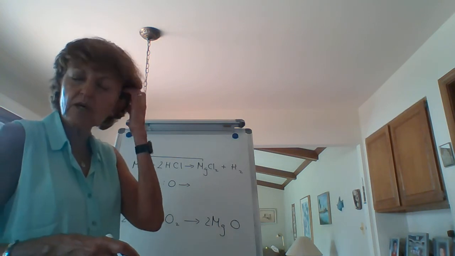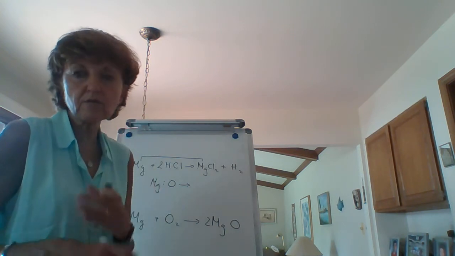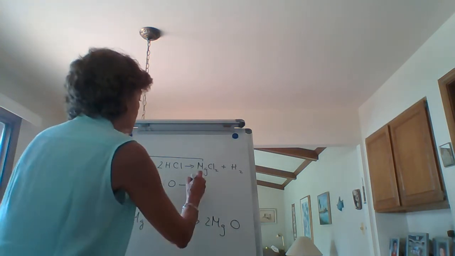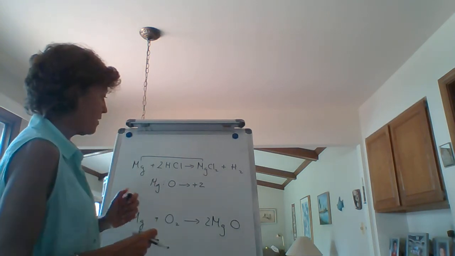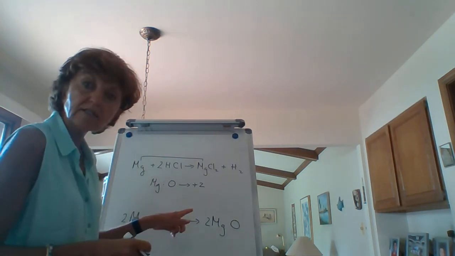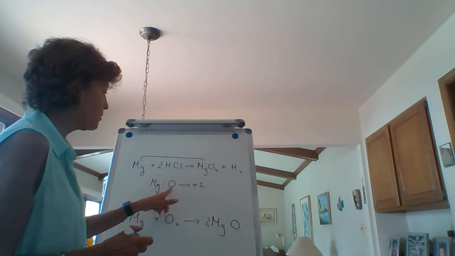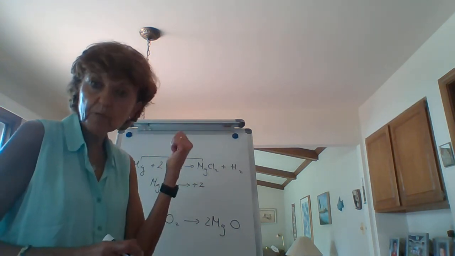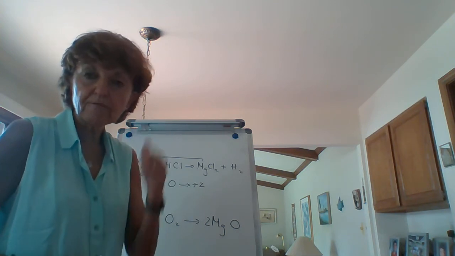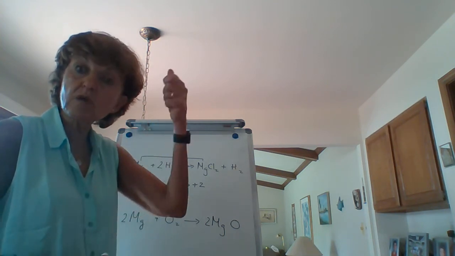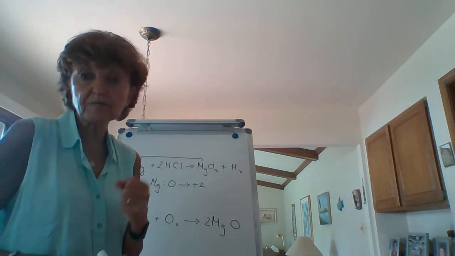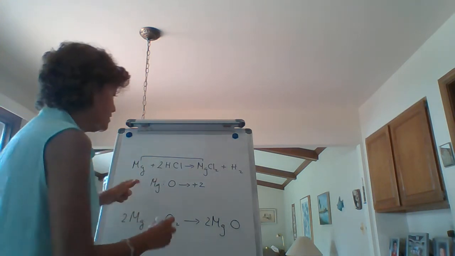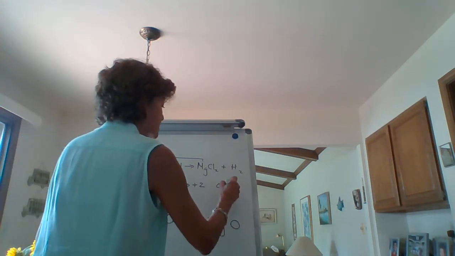Group 2A metals are always +2. So the oxidation number went from 0 to +2. It went up. Remember the previous video, I said if the oxidation number goes up, that means that substance was oxidized. So the magnesium was oxidized.